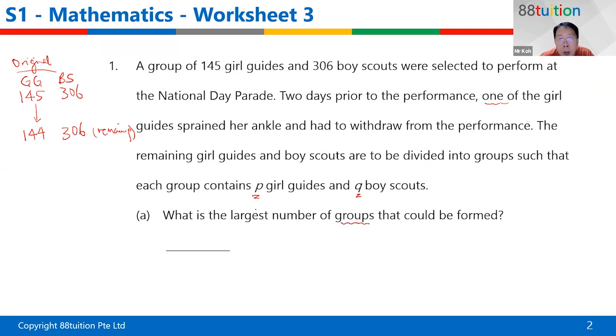If it's the largest number of groups, this already gives you a clue. Between HCF and LCM, which one is related to the word largest? HCF, very good. So let's do HCF. Do you remember how to do HCF?